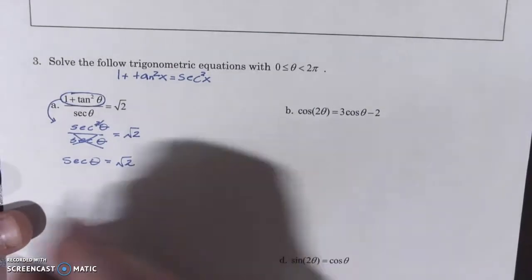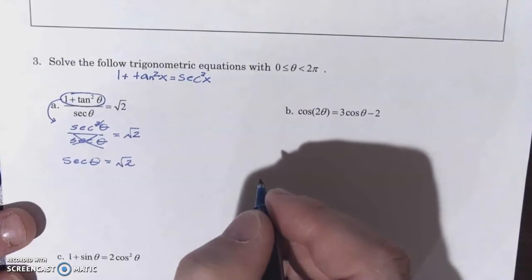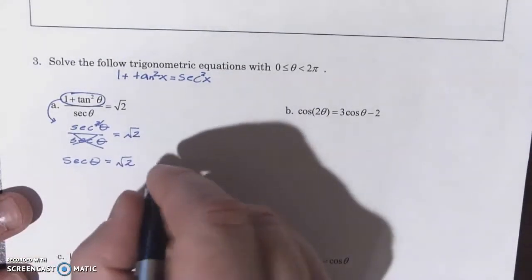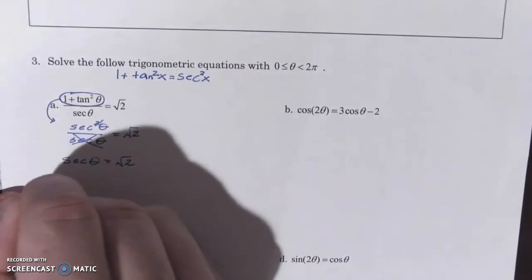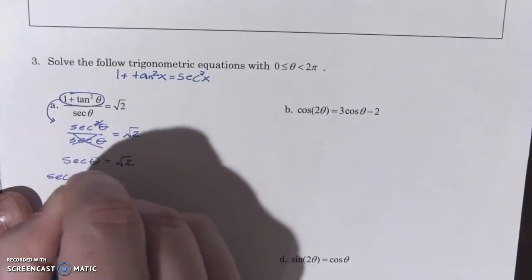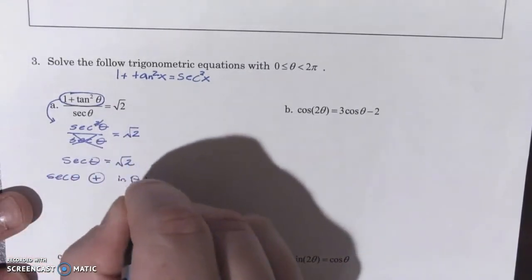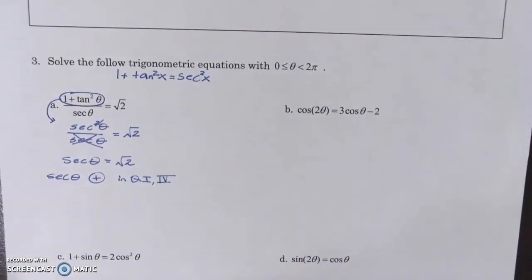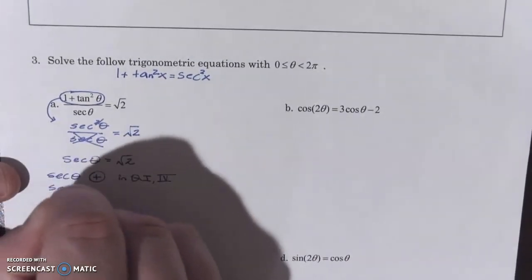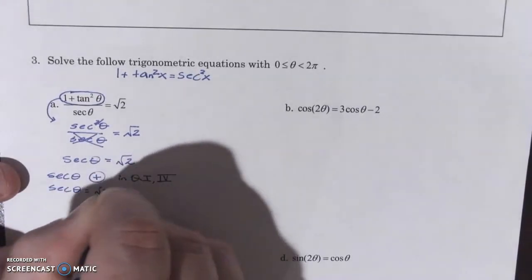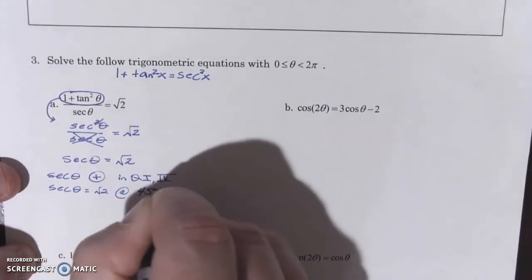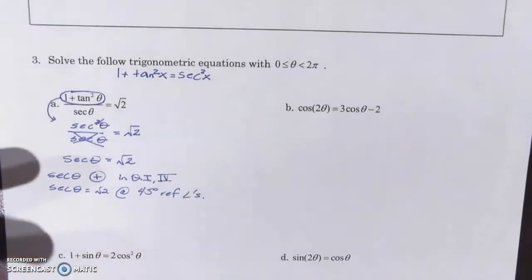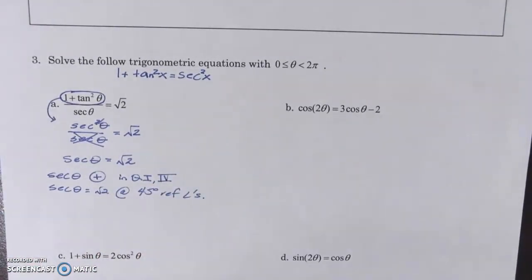Now, just a reminder, secant is the reciprocal of cosine, and secant theta is positive in quadrants 1 and 4, the same quadrants that cosine would be positive in. And then secant theta equals root 2 at 45-degree reference angles. That's because cosine would be root 2 over 2.